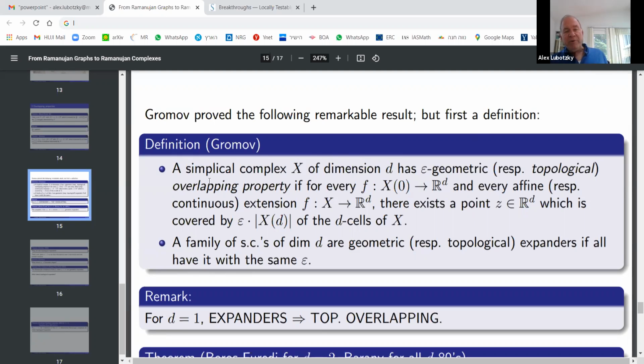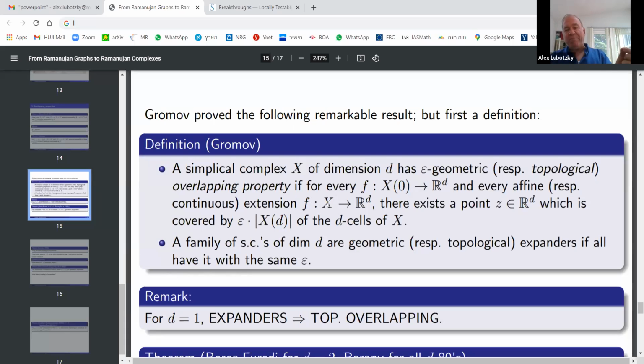But let's say the following: a simplicial complex X of dimension d has the epsilon geometric, respectively topological, overlapping property if for every map f from X_0 to R^d, where X_0 means the vertices of the simplicial complex, and every affine extension of f to a full, okay, basically there is a unique affine extension.